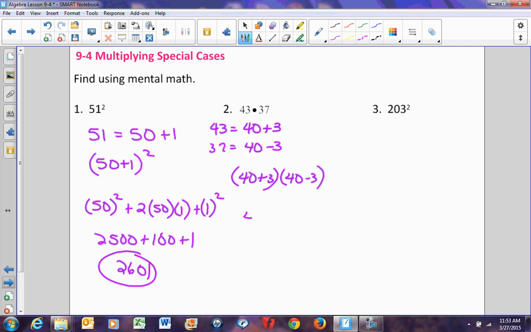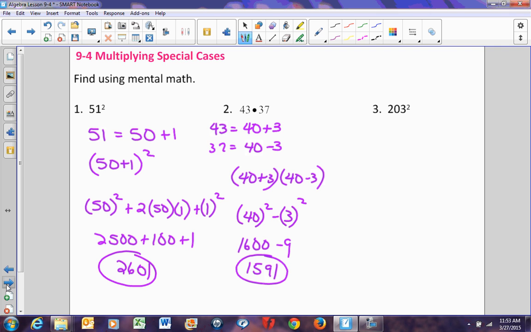So that gives me 40 squared minus 3 squared. Okay, 4 squared is 16. Add 2 zeros to get 1,600 minus 9. 1,600 minus 9 is 1,591.